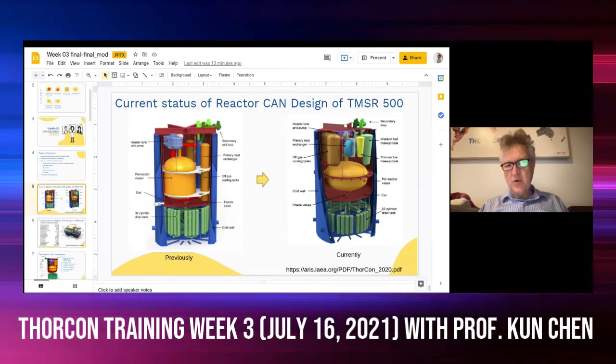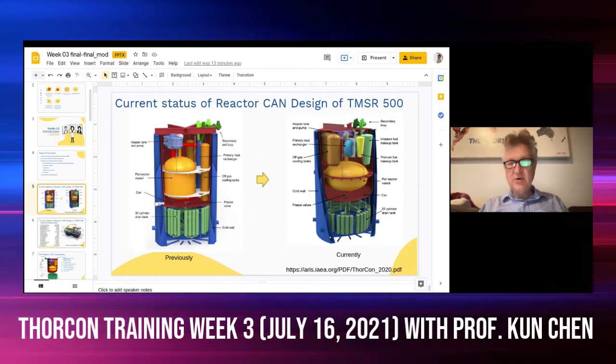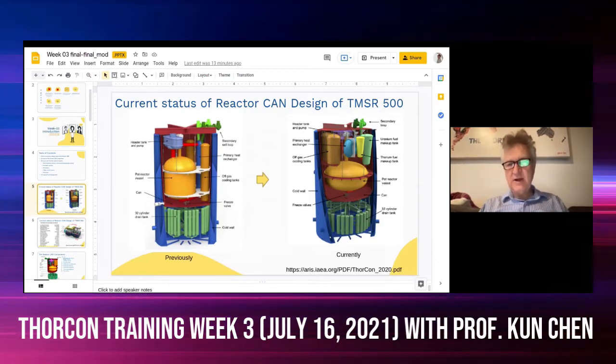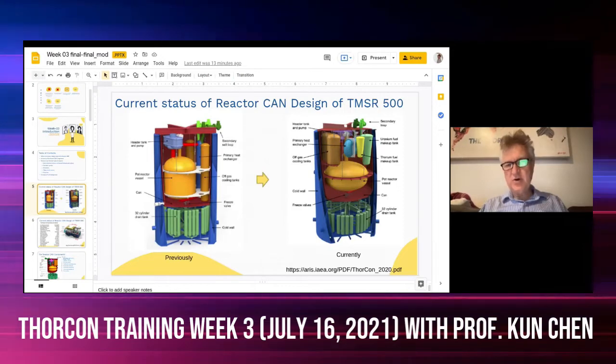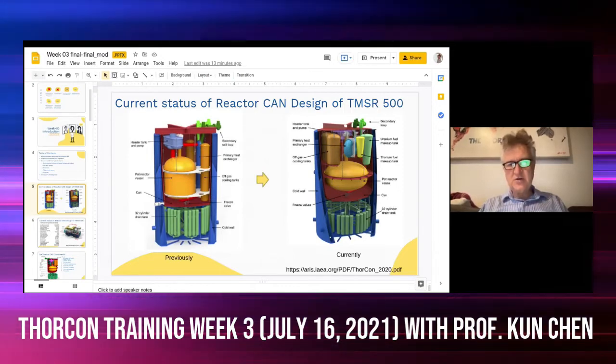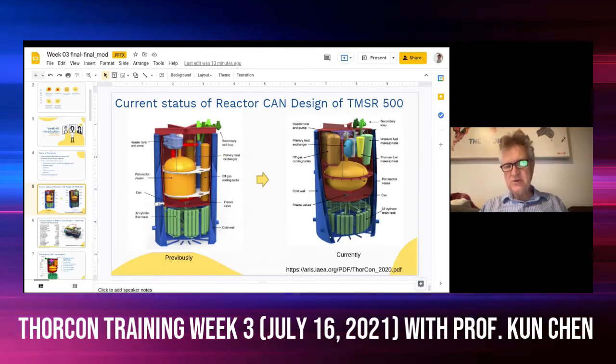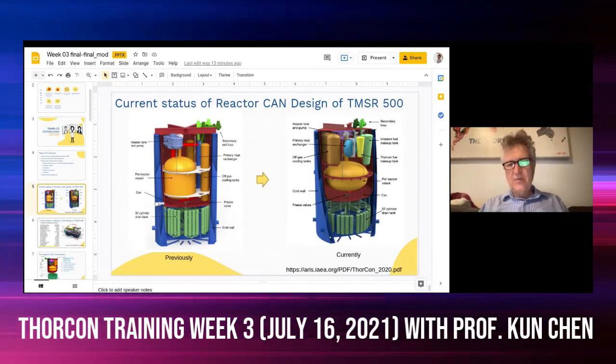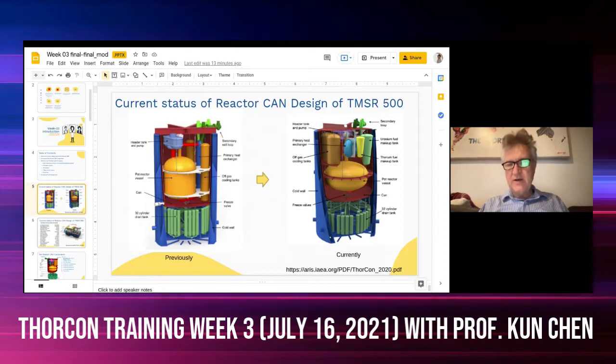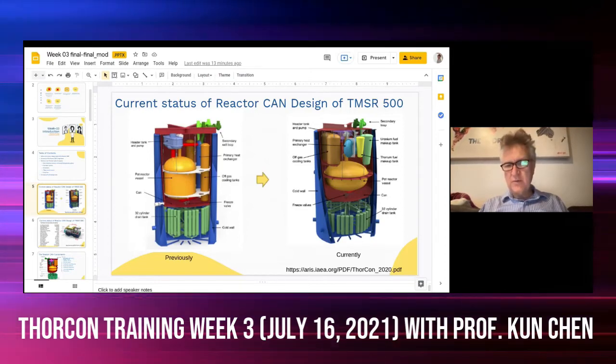That has some good side effects in that now natural circulation is much stronger, and the heat exchanger is U-shaped, which is better for thermal expansion of the tubes in the heat exchanger. But it has a downside in that now we have more salt volume outside of the core.